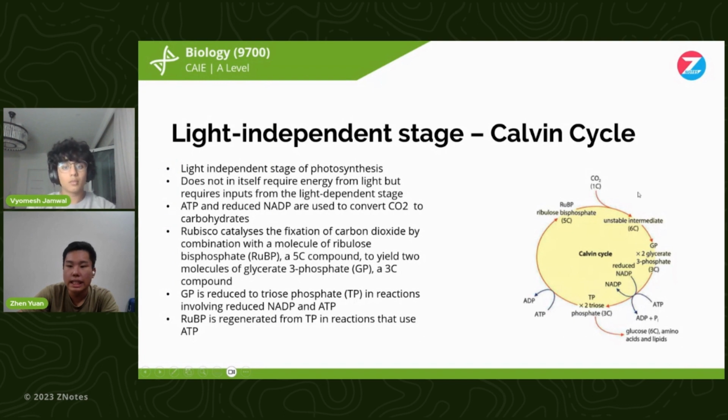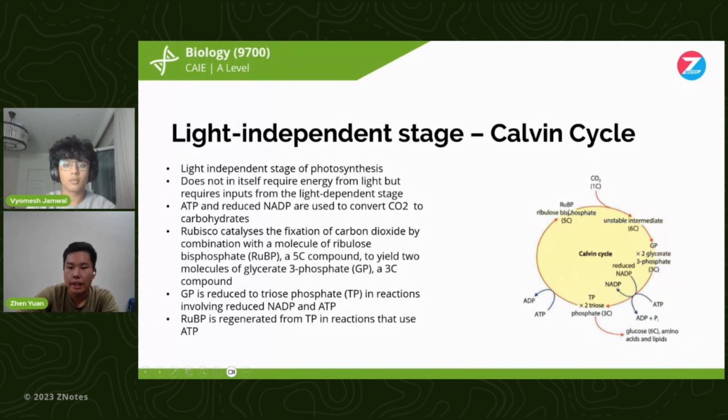And then, since this entire thing is a cycle, right? RuBP is regenerated from TP, from triose phosphate, in reactions that use ATP. So in actuality, only one out of 6 of your triose phosphate is actually used to generate your glucose, your amino acids, and your lipids.